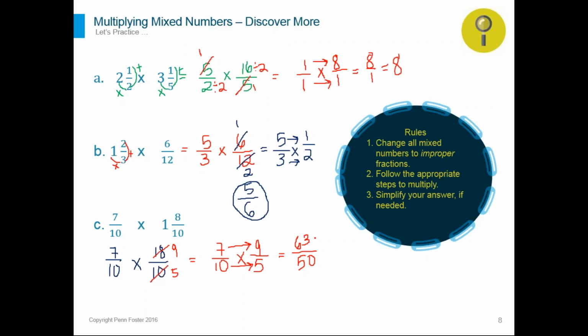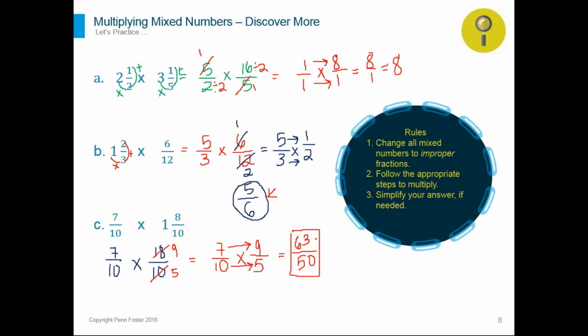The answers in the choices given in each question are put in simplest form. So we need to simplify this answer. How or why? Because this fraction is an improper fraction. So our simplest forms need to be either proper fractions like these or a mixed number with a proper fraction.